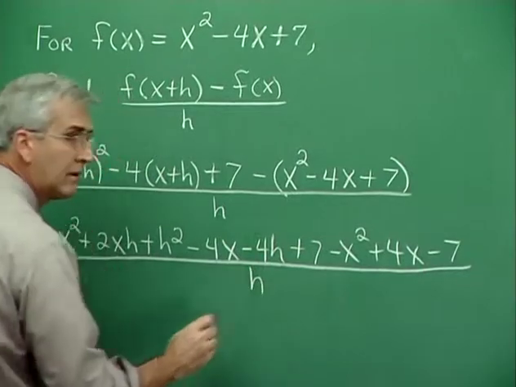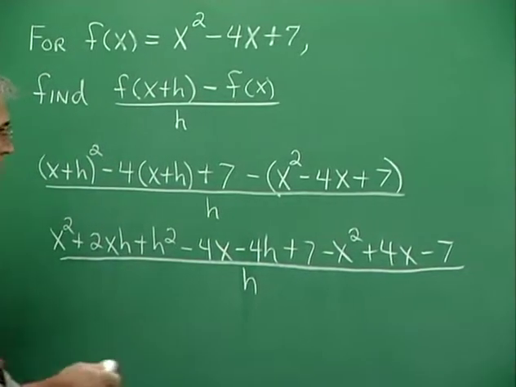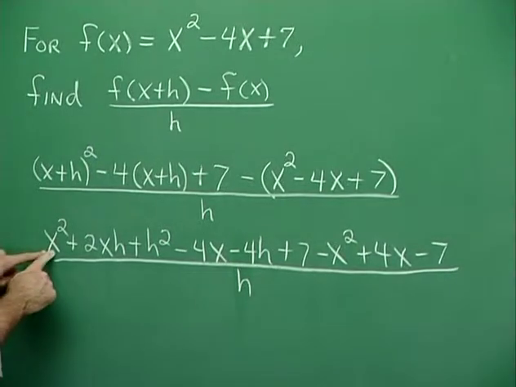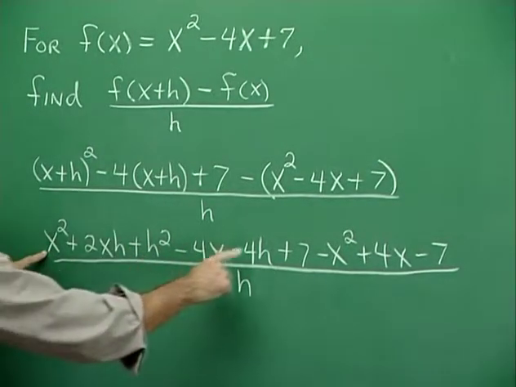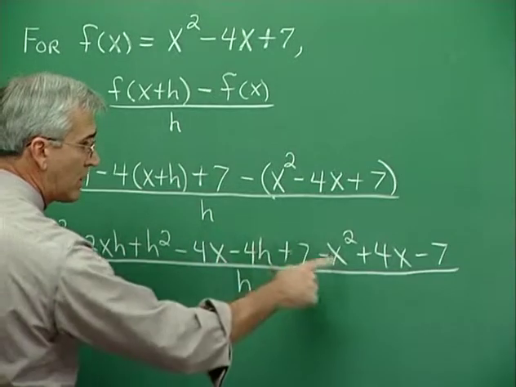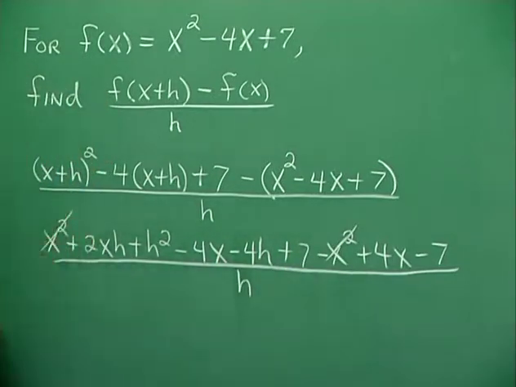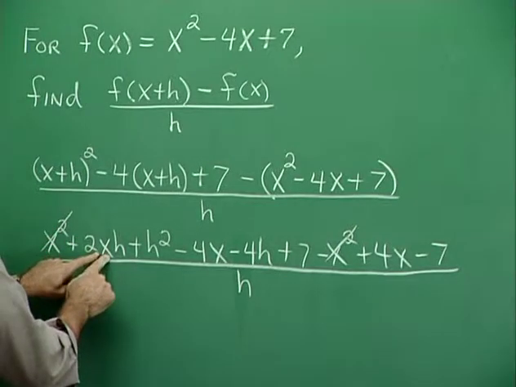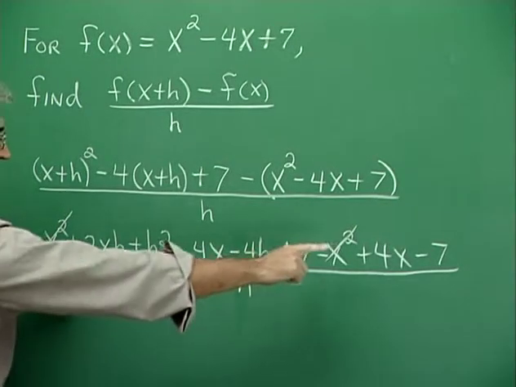Now, typically, some very nice things happen algebraically here in evaluating difference quotients. For example, I have an x squared here, and I have an x squared here. So I have x squared minus x squared. Those go out. And then I have 2xh and no other xh's.